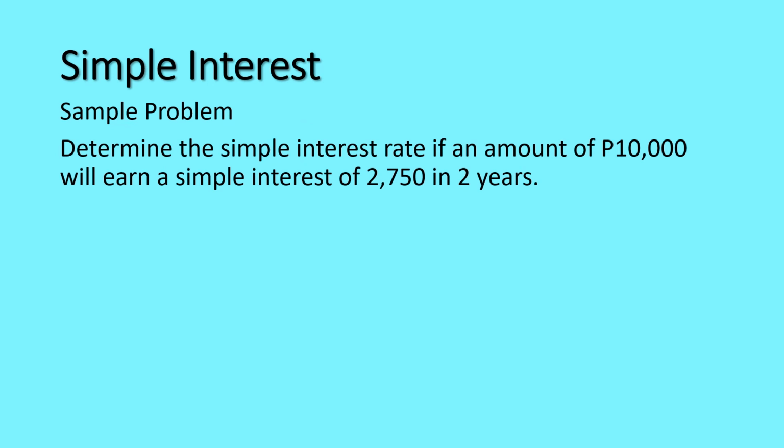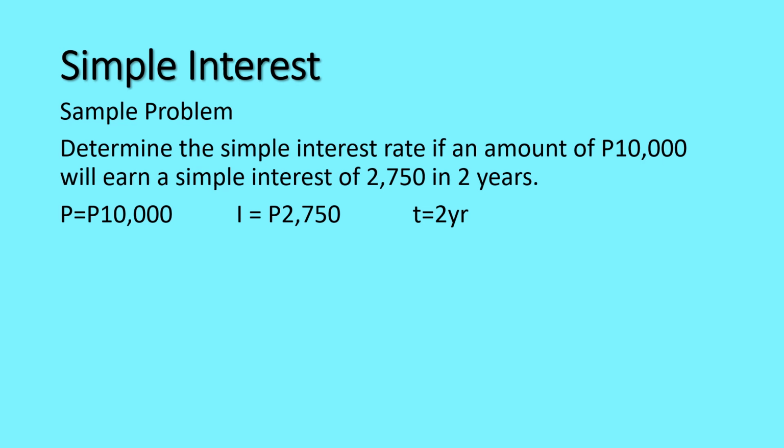So let us now solve a problem. Determine the simple interest rate if an amount of 10,000 pesos will earn a simple interest of 2,750 pesos in 2 years. So the given are the principal amount, 10,000 pesos, the simple interest of 2,750 pesos, and the time of 2 years.